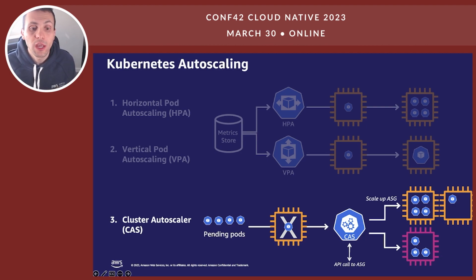So the cluster autoscaler will talk to the autoscaling group that is part of your node group, either a self-managed node group or a managed node group. It will talk to the API of your autoscaling group and say, please spin up a new node, a new EC2 for me, within that specific autoscaling group.